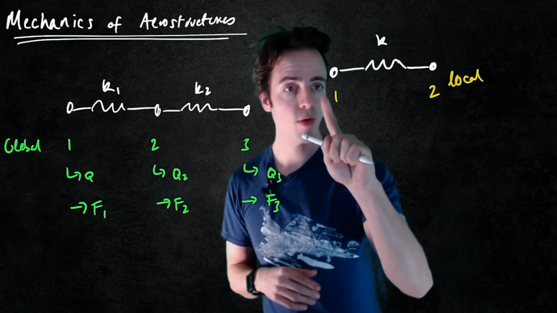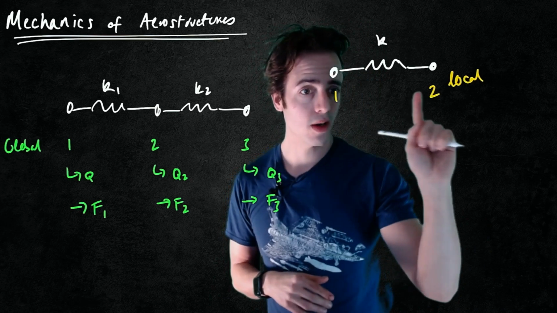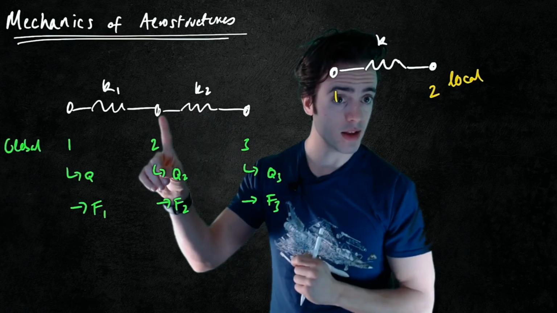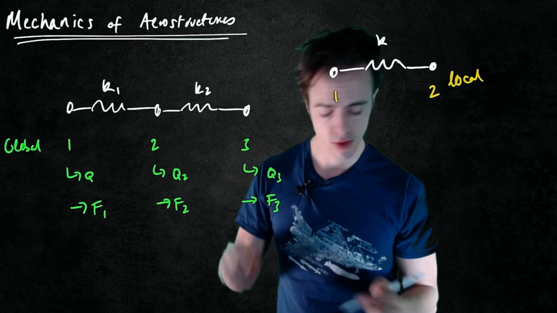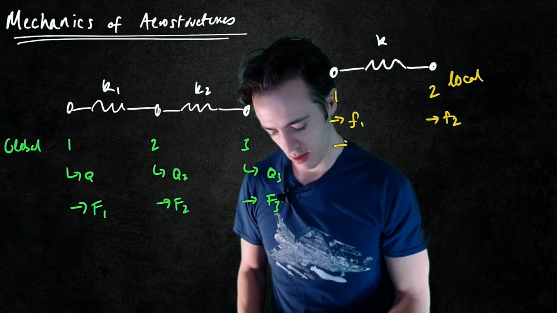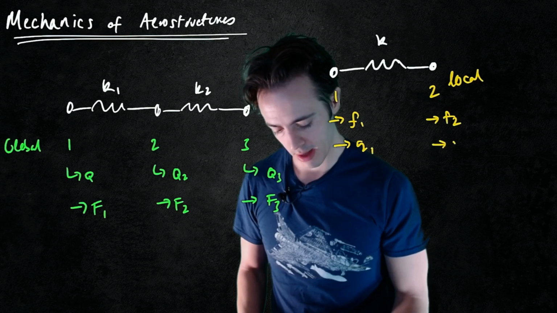So our spring will always have node 1 and node 2. Okay, so for this element, element 2, this is its local 1 and its local 2. Okay, so we then defined these lowercase forces and lowercase displacements.